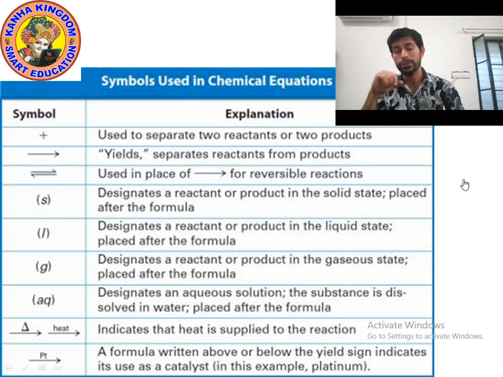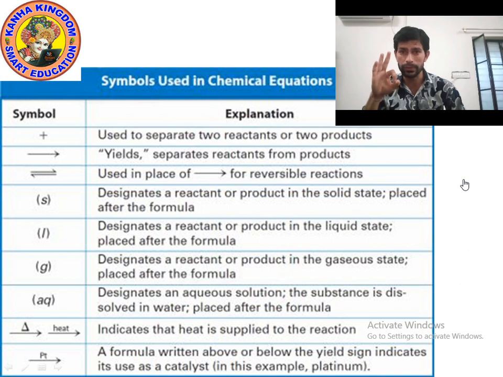Pt means platinum. When we write the name of an element above the arrow, it may be a catalyst.